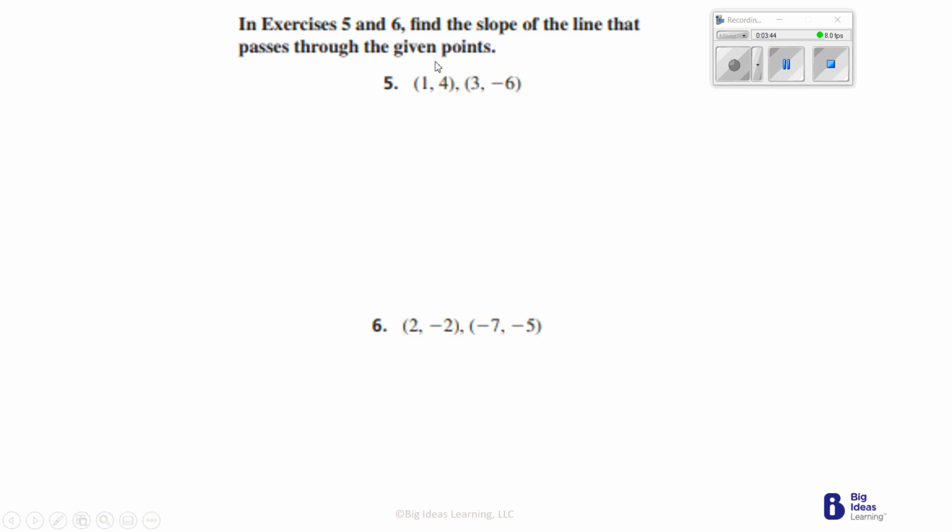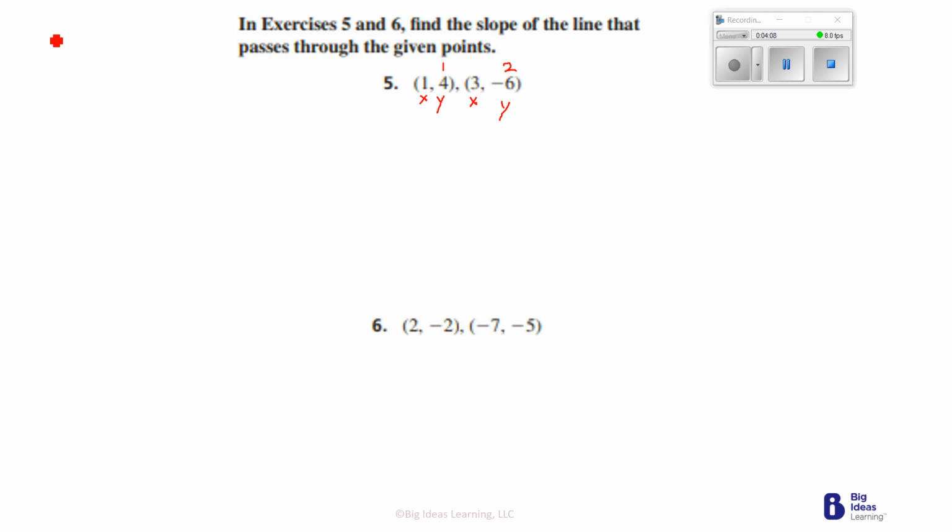Number 5 says, exercise 5 and 6, find the slope of the line that passes through these given points. Once again, we can use a slope formula. If I do, I'm going to go ahead and say this is my 2, this is my 1. Remember, these are all x, y. So find the slope of the line that passes through these.